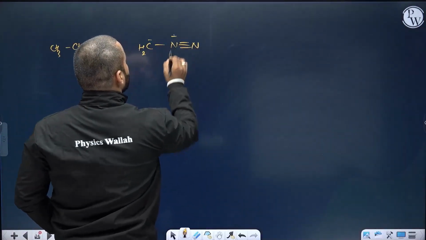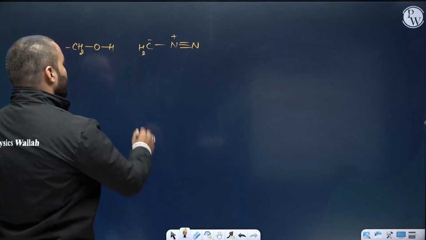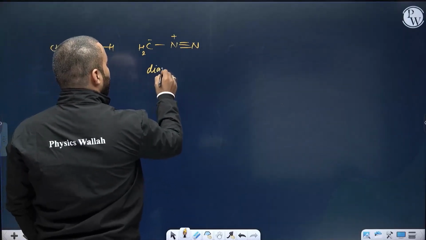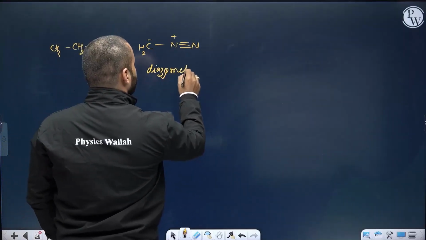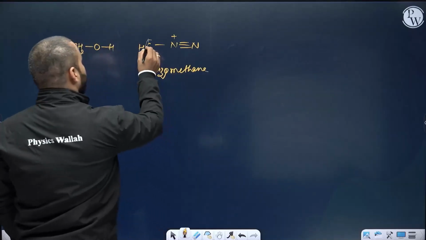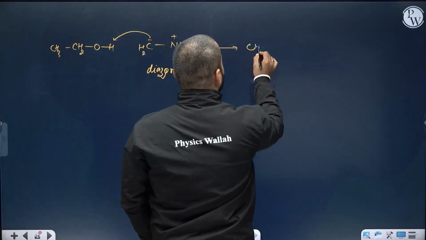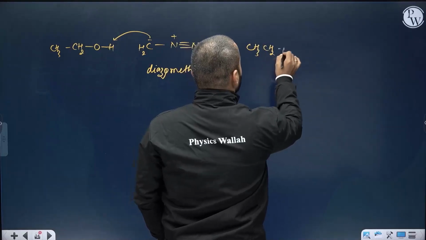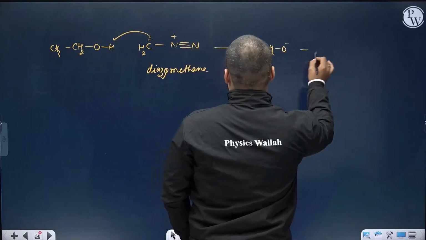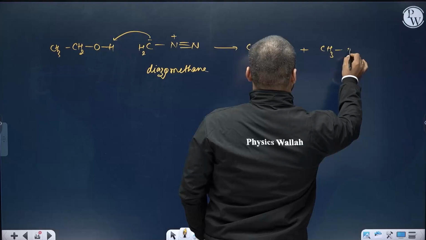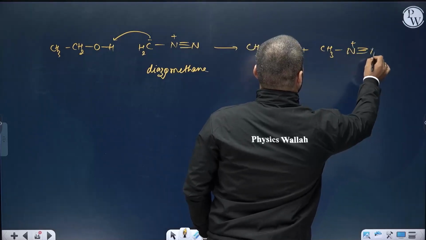Correct, everybody? This is diazomethane, a very important molecule industrially. This negative charge attacks the hydrogen. It will immediately generate CH3CH2O negative and CH3 N positive triple bond nitrogen.